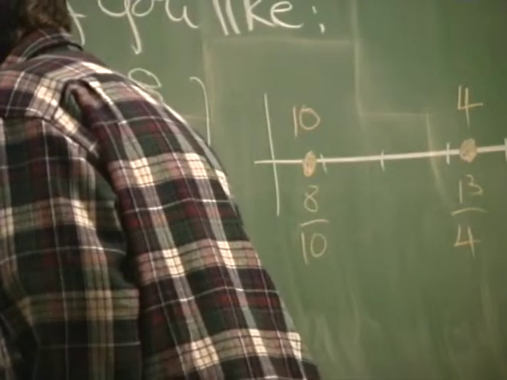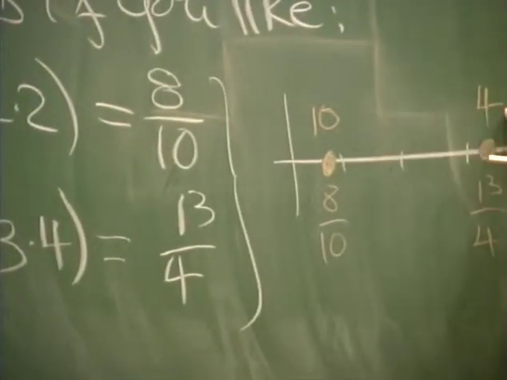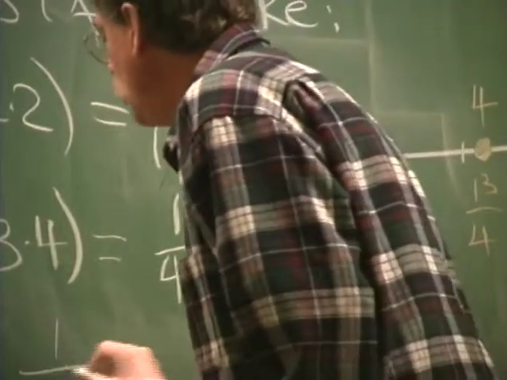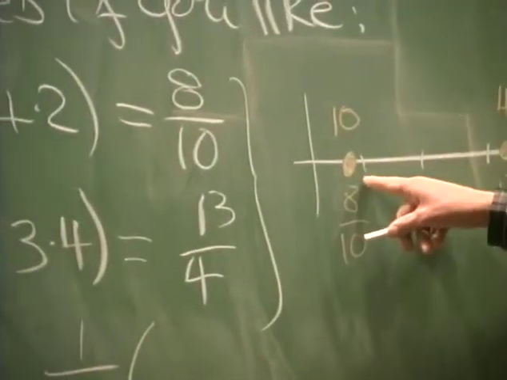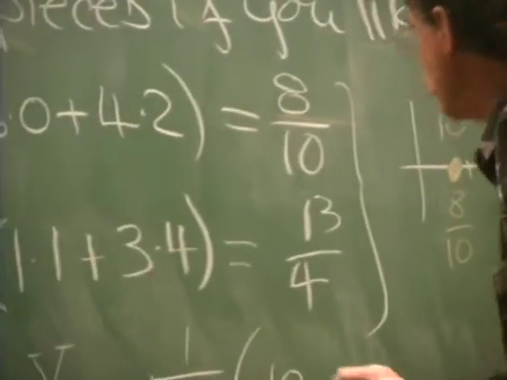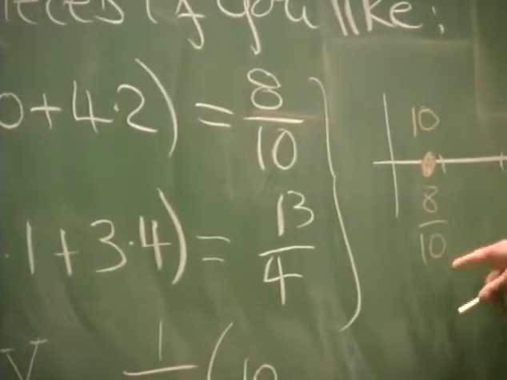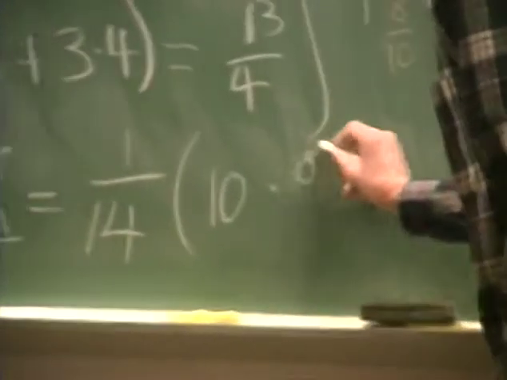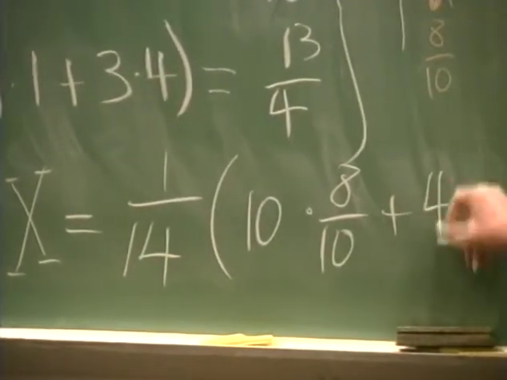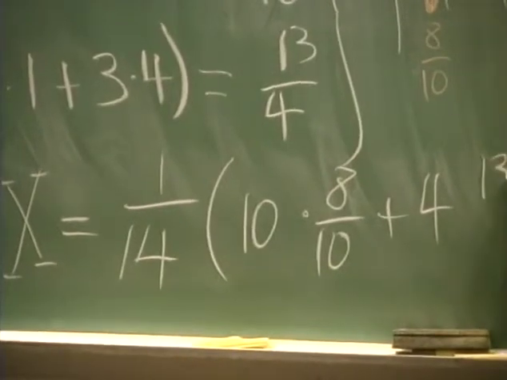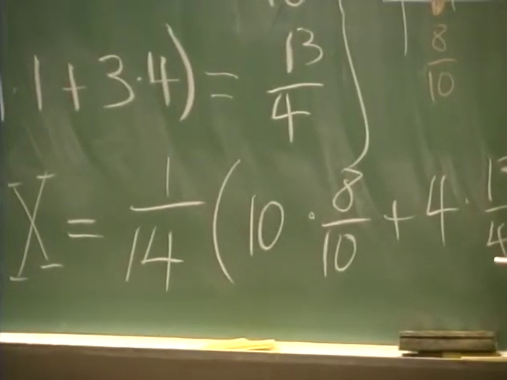Now I calculate the center of mass of those two pieces. What do I get? X equals the total mass, 10 plus 4 is 14. Where have I seen that before? Times the mass here, that's 10, times its location, 8/10, plus the mass over here, that's 4, times its location, 13/4.